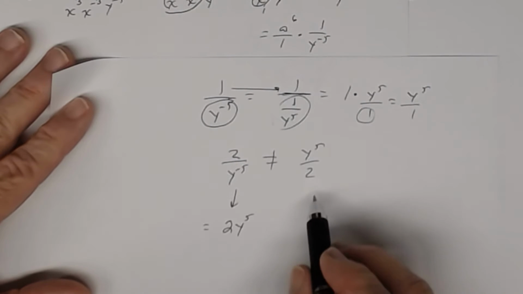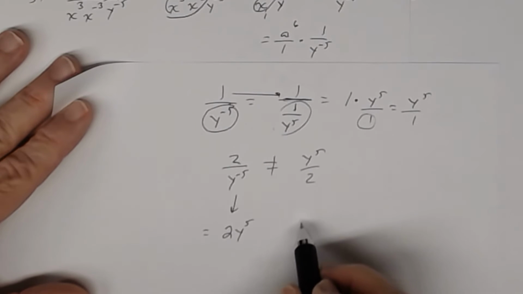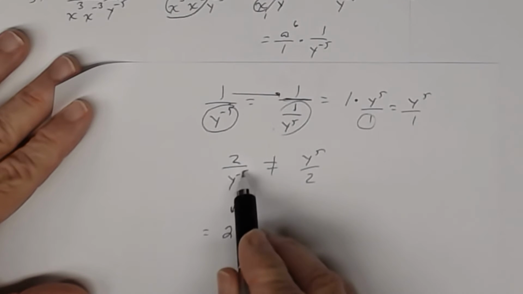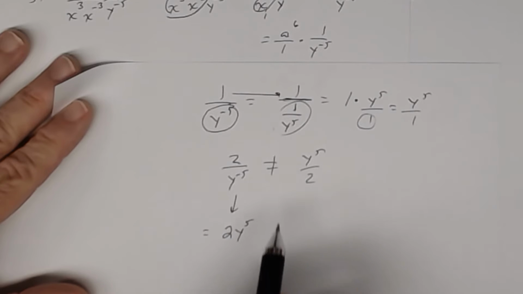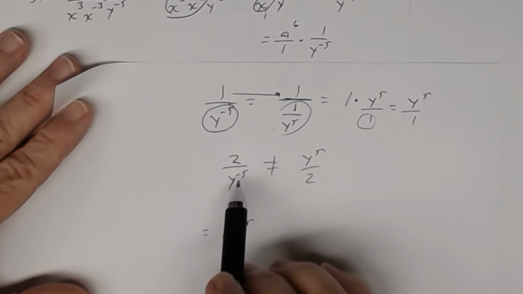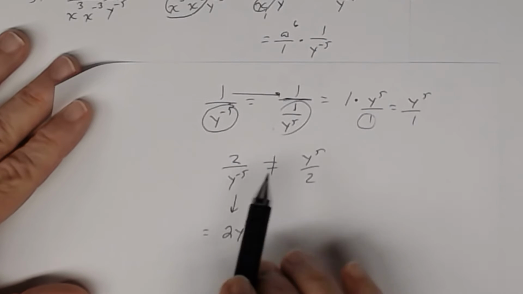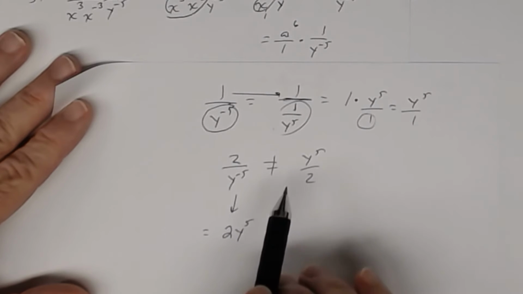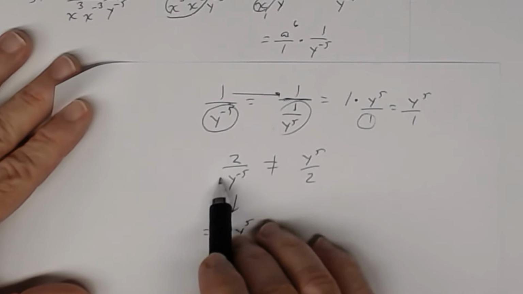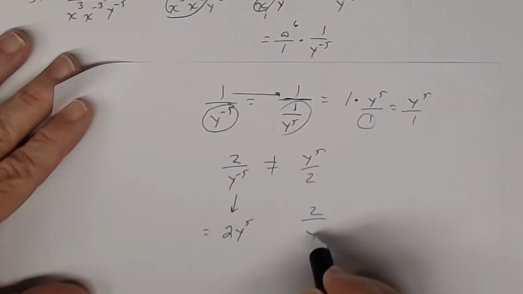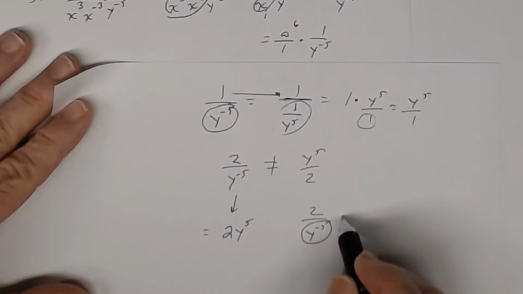So let's go ahead and do it this way so you can see why that's true. Why is this, and not this? Don't think I'm taking the reciprocal of this fraction. That's not what's happening. Let me show you again. You're looking at this right here, that's in the denominator.